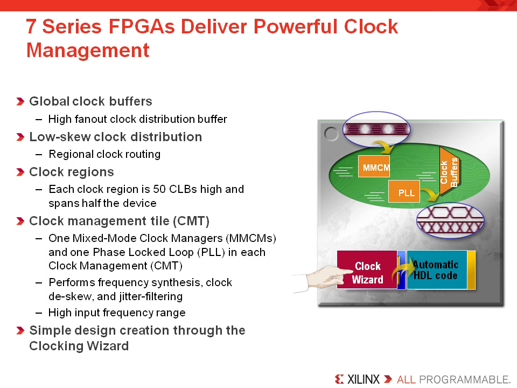The CMTs accept a very high input frequency range from 10 to 800 MHz. Now this is a very wide range and allows very flexible frequency synthesis. Likewise, the VCO frequency, which is required for the PLLs, has also been improved. It can operate at up to 1.6 GHz. Now all these clocking resources can be easily customized with the use of the Clocking Wizard utility.